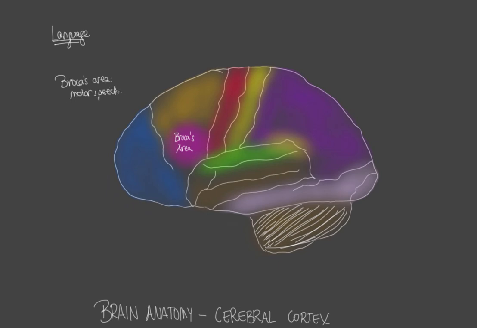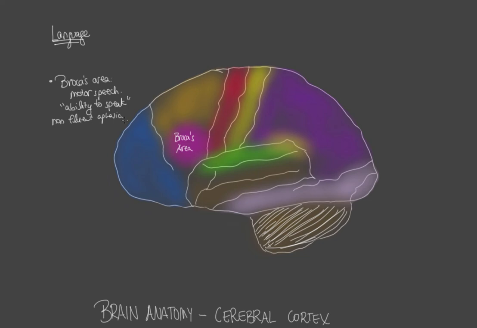And what this means is your ability to speak. Damage to this area results in what we call non-fluent aphasia, where the patient is not able to speak coherently, so they have trouble choosing words, trouble speaking, or slow speech.